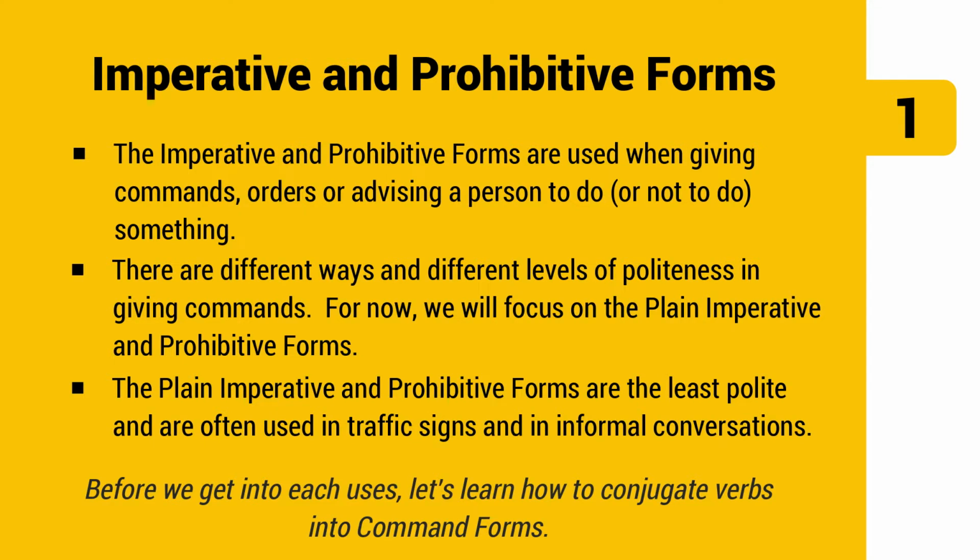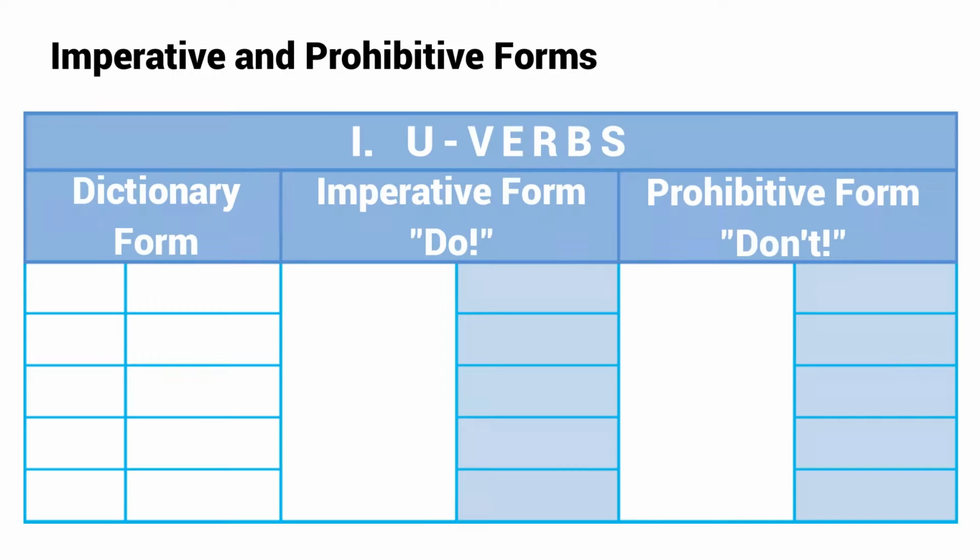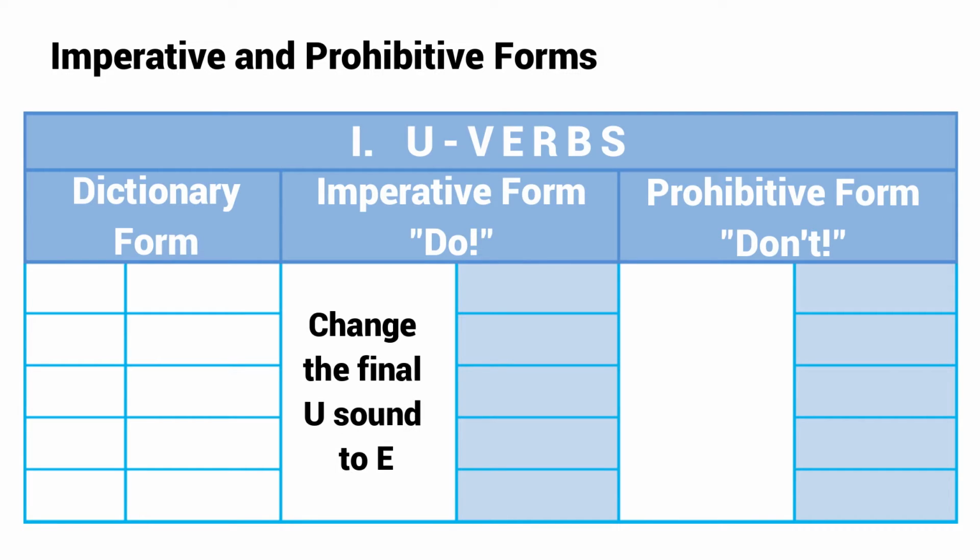But before we get into each use, let's learn how to conjugate verbs into command forms. For u verbs, change the final u sound to e to get the imperative form.